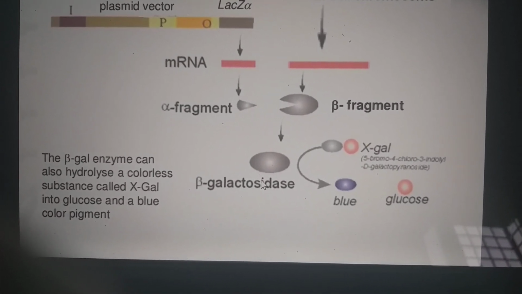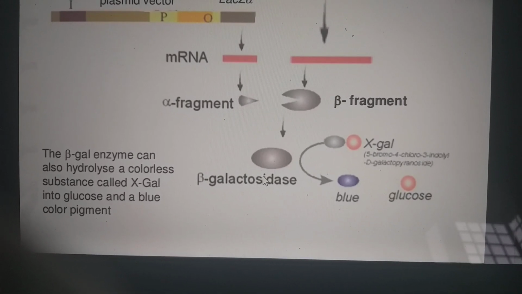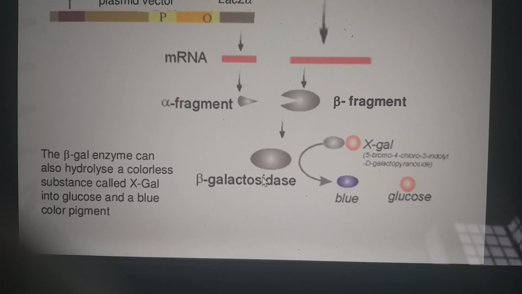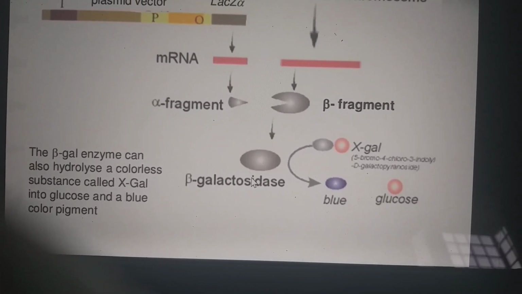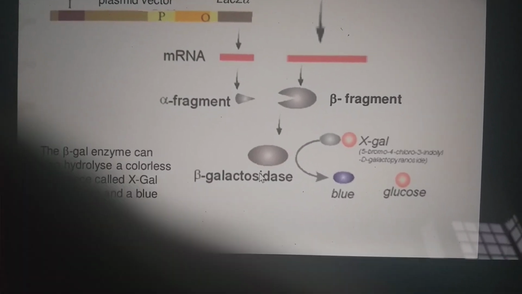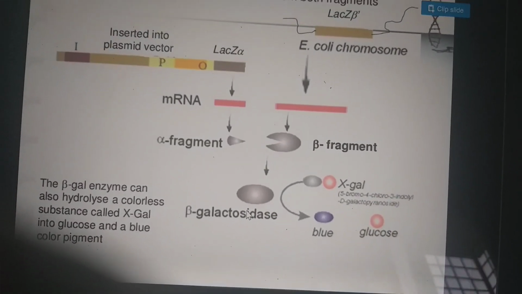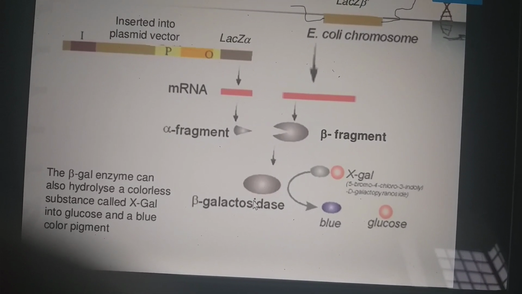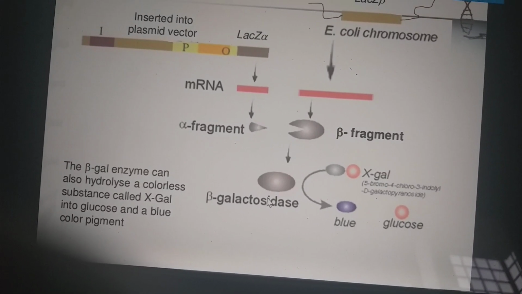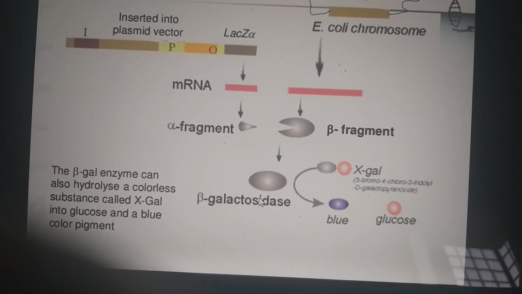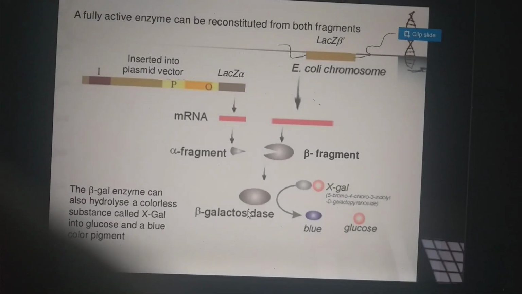X-gal is another substrate where beta galactosidase acts, and it produces a blue colored compound. Now we are going to use this property of beta galactosidase, that it acts on X-gal and breaks the galactoside bond and gives rise to the formation of blue color.